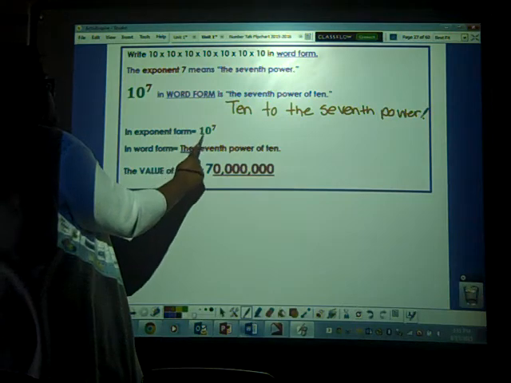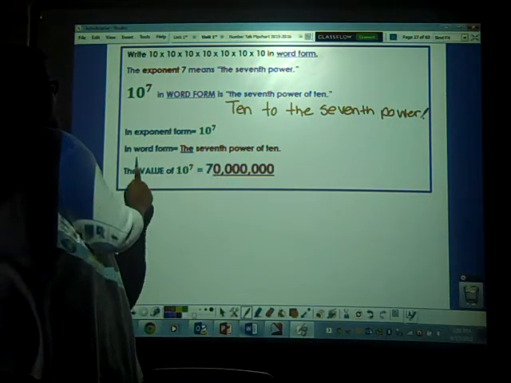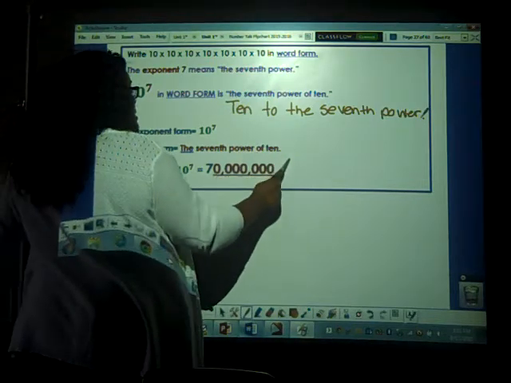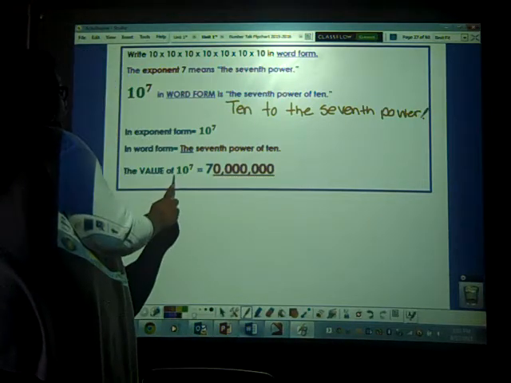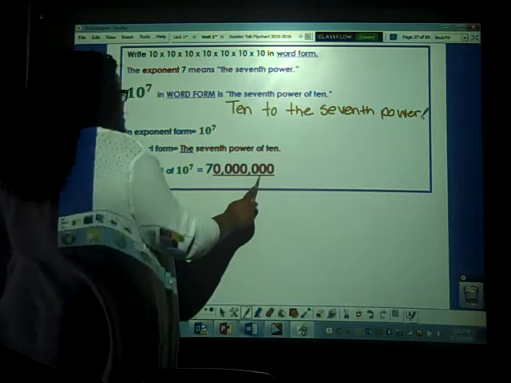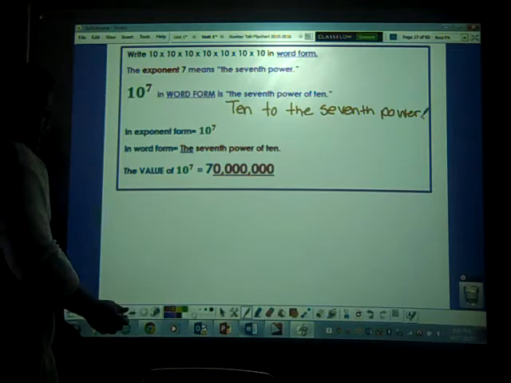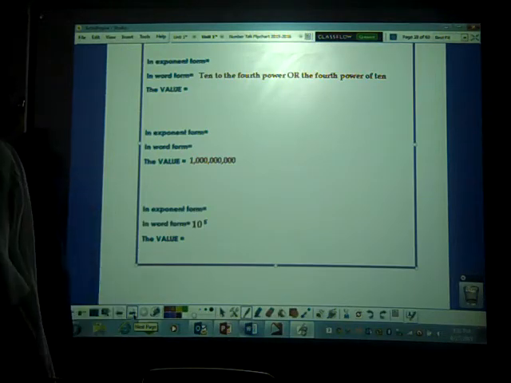So in exponent form, there, because it has an exponent. In word form, the 7th power of 10 or 10 to the 7th power. And then the value of 10 to the 7th power is 70 million. Ta-da! Easy peasy, lemon squeezy.